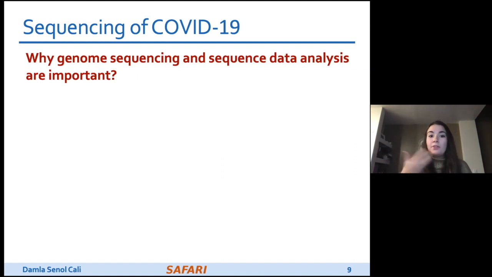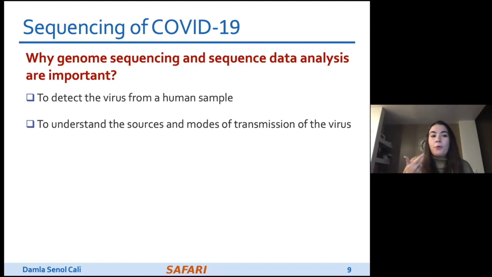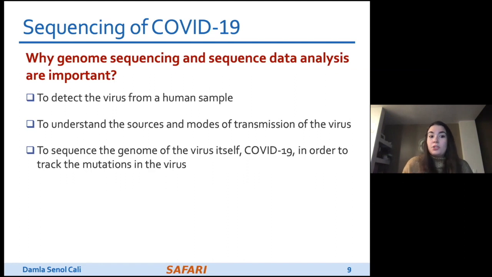And after this analysis, it is important to detect the virus, for example, from a human sample like saliva. Or it is important to understand the sources and modes of transmission of the virus. Or to sequence the genome of the virus itself, for example, here in COVID-19, in order to track the mutations in the virus, which would also help to understand the sources and modes of transmission of the virus.